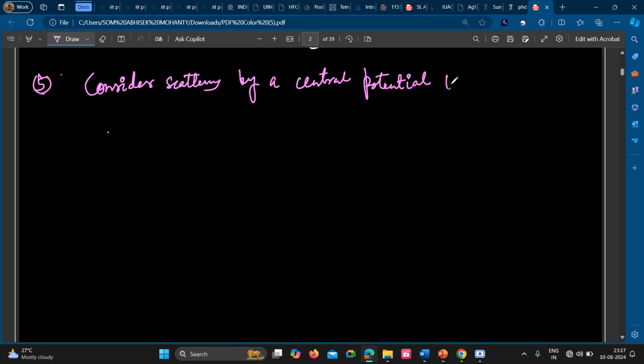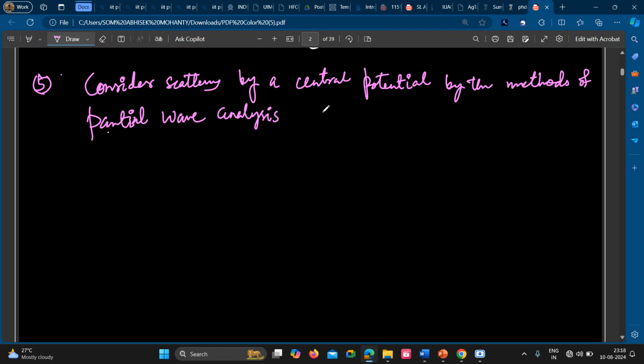Question number 5 says: consider scattering by a central potential by the methods of partial wave analysis and Born approximation, where delta L is small.